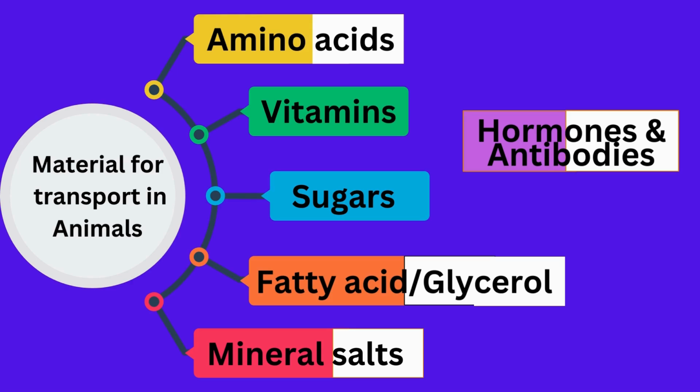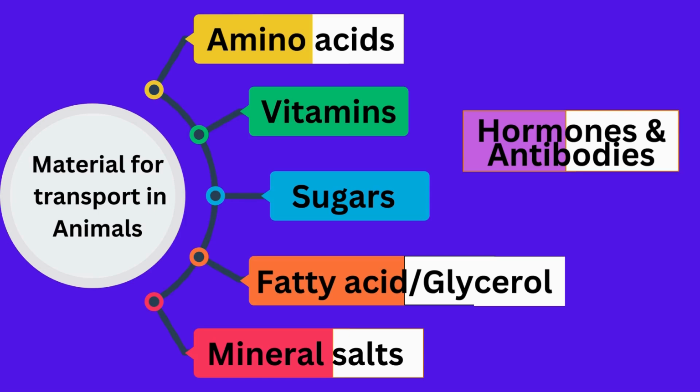Water is an excretory product produced by the cells and transported to various organs such as the skin, the lungs, the kidney, and the liver where it is excreted. Number 6 is amino acids.